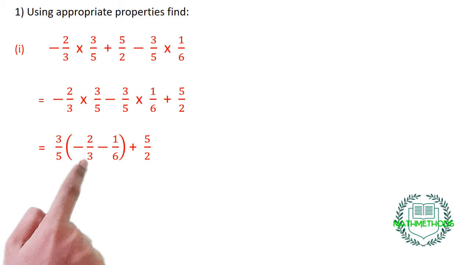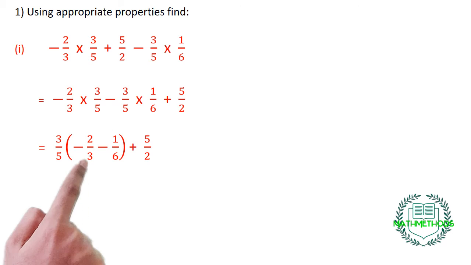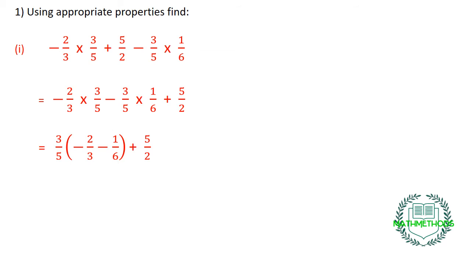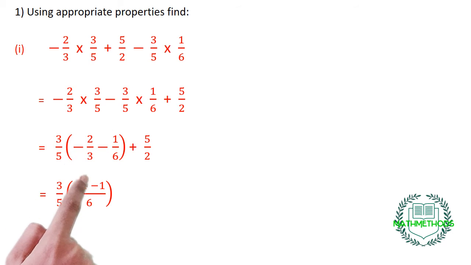Now as per the rule, first solve what is inside the bracket. Minus 2 upon 3 minus 1 upon 6. LCM of 3 and 6 is 6. So write the LCM 6 down here. Now 6 divided by 3 is 2, and 2 multiplied by minus 2 is minus 4.